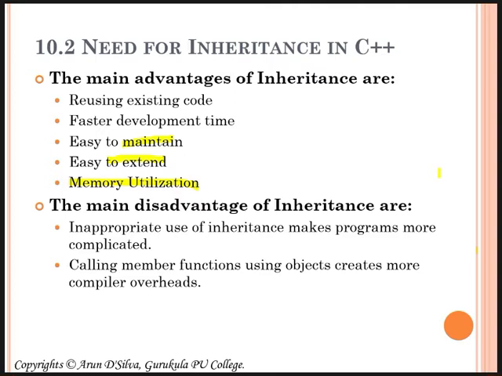And if you're using function overloading, then when going for inheritance, we have to be very sure about which function it should call while creating the object. So these are the two major disadvantages of inheritance.